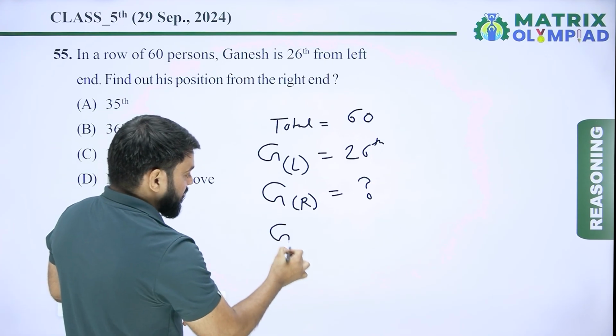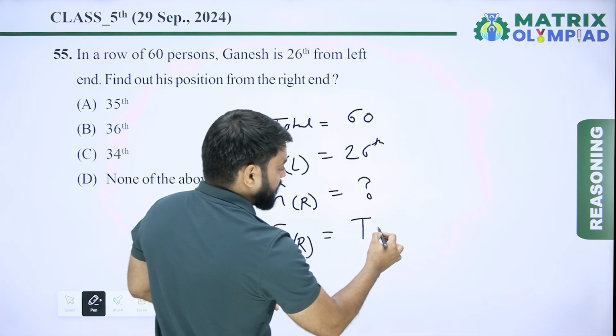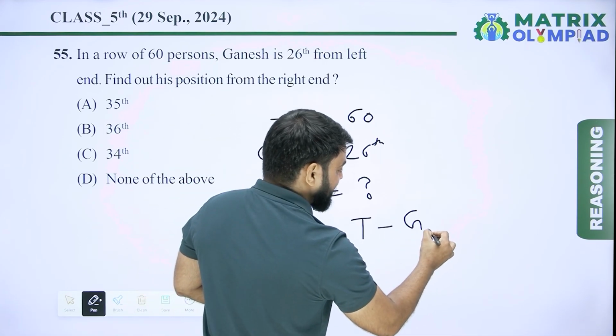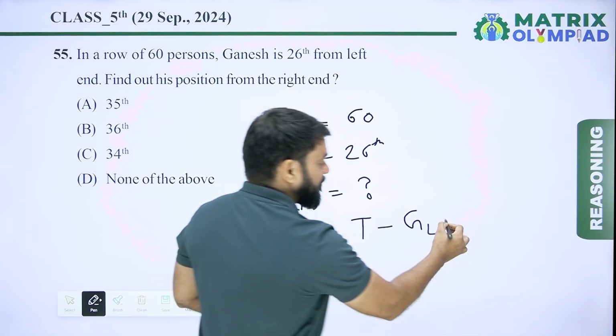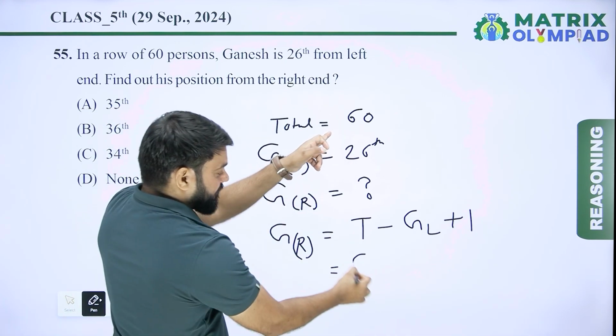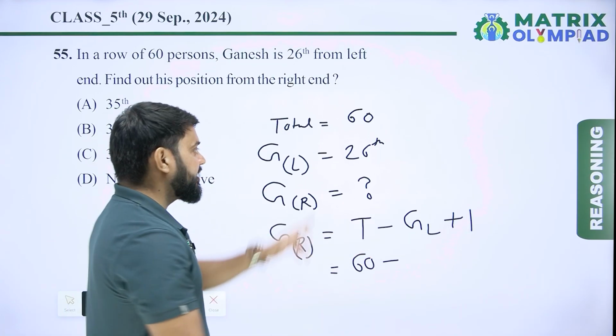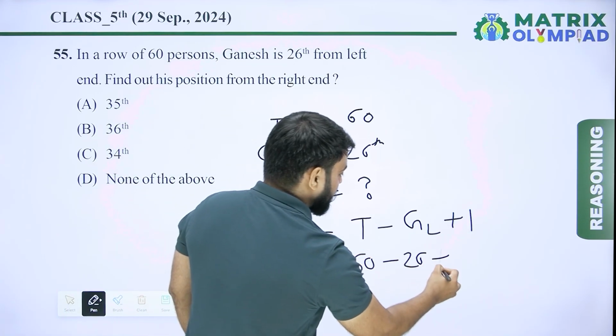So the position from the right hand is the total minus the position of the same person from the left hand, plus 1. So the total number of persons is 60 minus the position of Ganesh from the left hand, 26, plus 1.